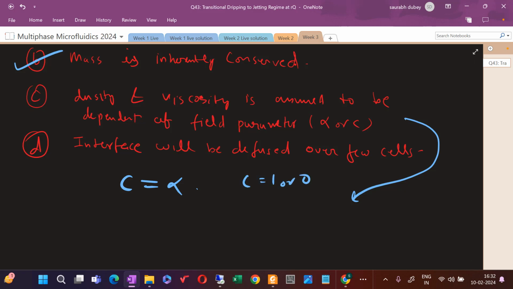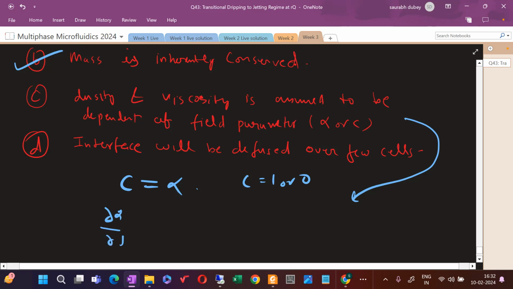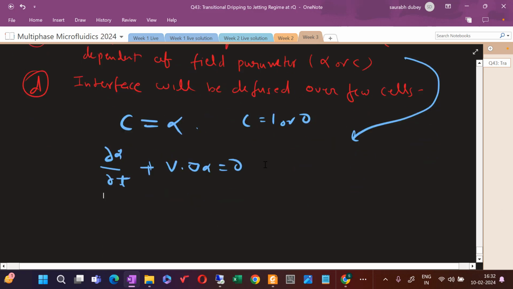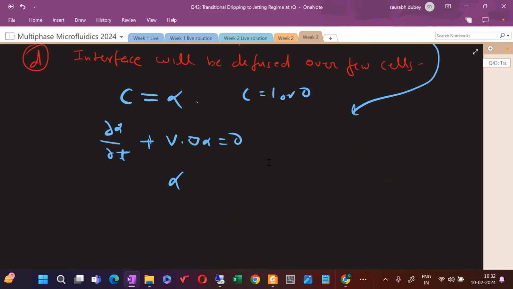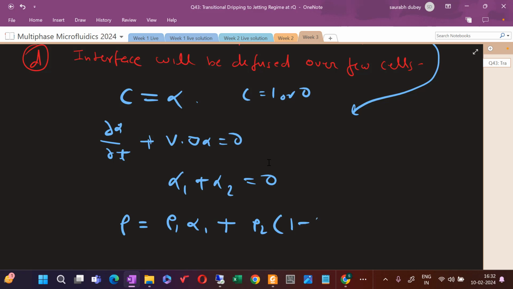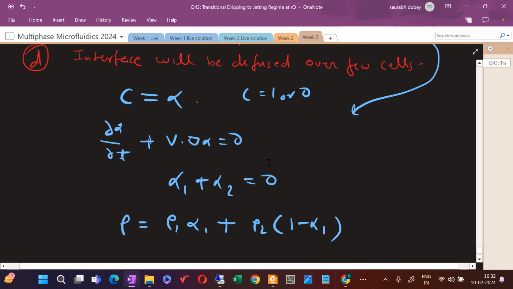For example, del alpha by del t plus V dot del alpha equals 0. Here alpha 1 plus alpha 2 equals 1. From here you get density to be rho 1 alpha 1 for phase 1 and its fraction, rho 2 into 1 minus alpha 1 is the fraction.